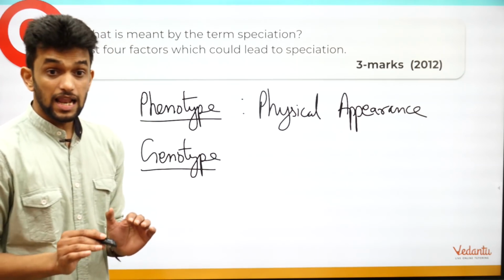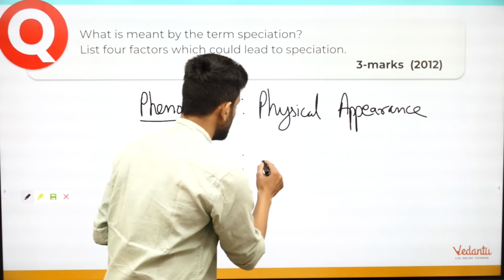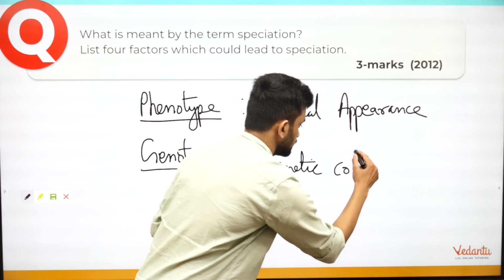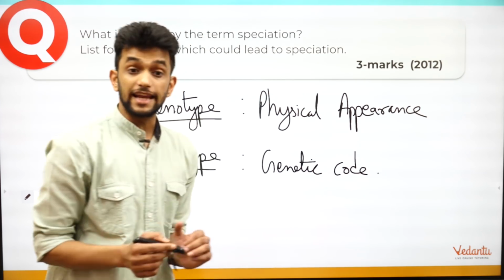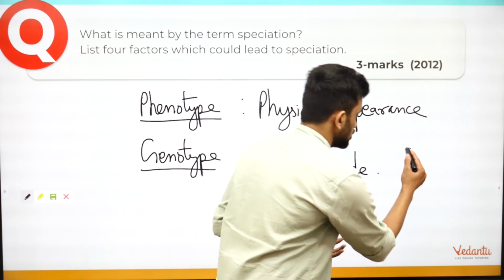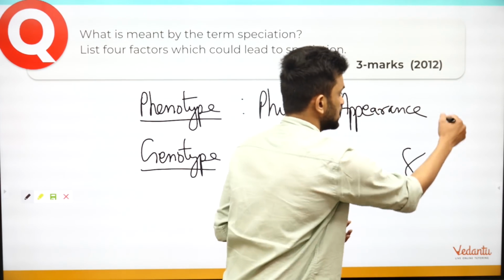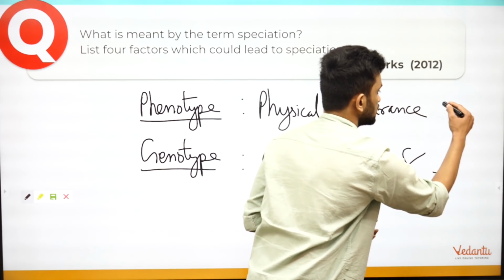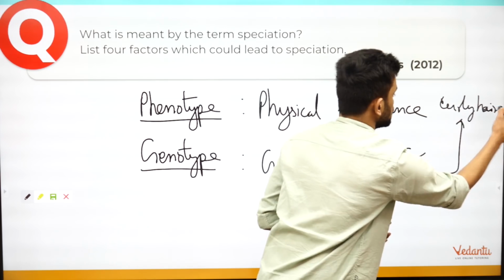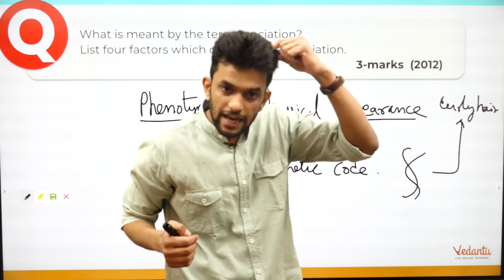Phenotype is physical appearance. What is genotype? The genetic code. What does the gene say? I told you this is a segment of a gene. This is a gene. This codes for curly hair. So this is physical appearance, right? My curly hair is physical appearance.